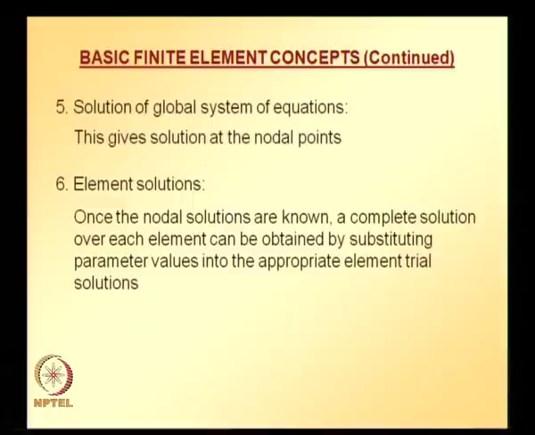Once you get the nodal values, you go to each element, and the solution over each element can be obtained by substituting the corresponding values. For that particular element, maybe all the nodal values may not be appropriate, whatever values are appropriate for that particular element, substitute into the trial solution for that element, and you get the approximate solution and also the derivative of the approximate solution.